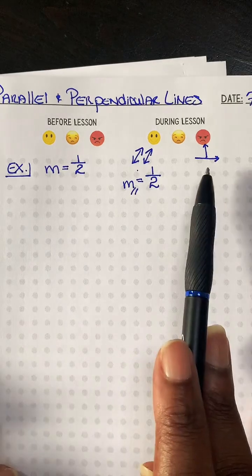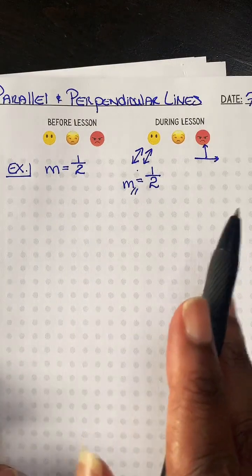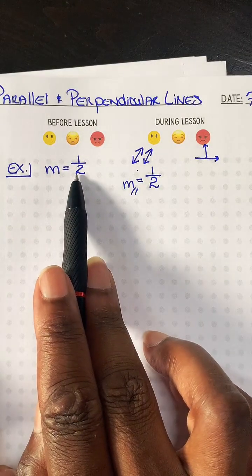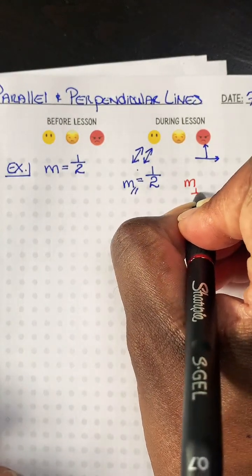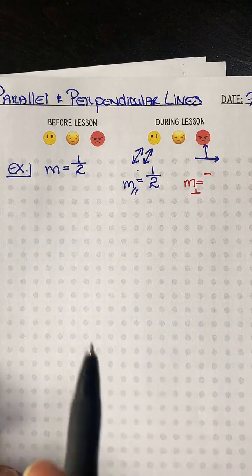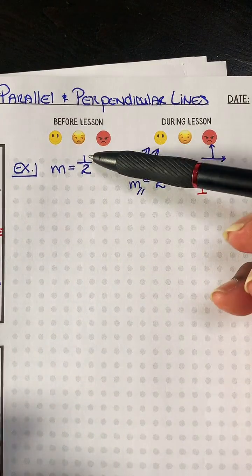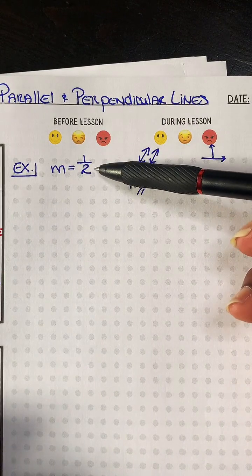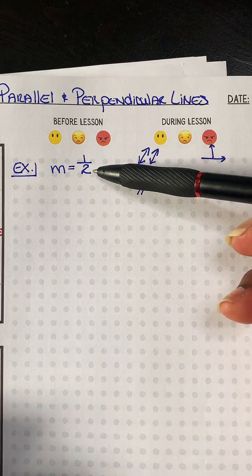But if my original slope is 1/2 and we want to get perpendicular, this is what I mean by opposite reciprocals. Opposite meaning one is positive, the other is negative. That takes care of the opposite. Reciprocal means the flip. Since we already have it in fraction form, the 1 and the 2 are going to exchange.